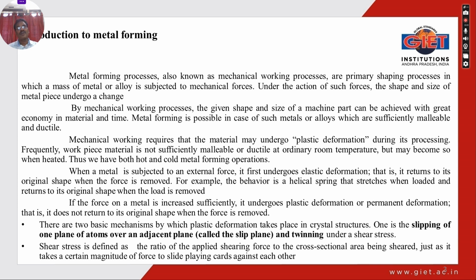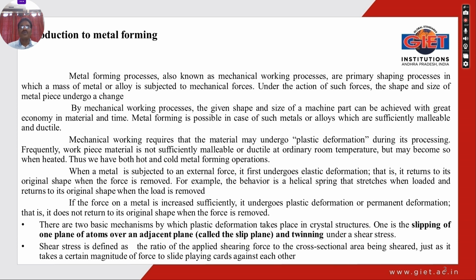Another type of manufacturing process is machining, where the desired shape and size of the object is obtained by removing material from the surface of the workpiece. The material is removed in the form of small chips, and after removing the chips you get the required shape.